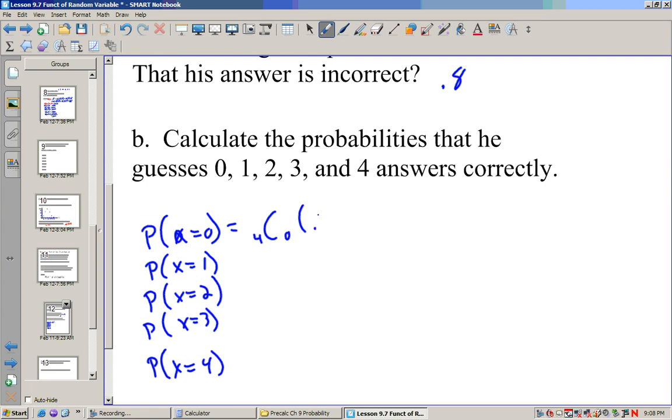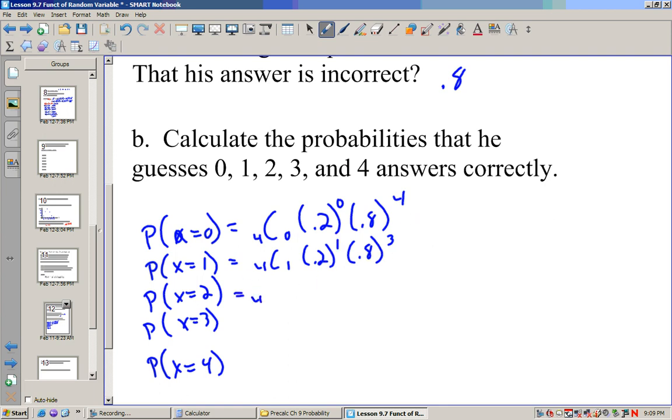So the 2 probabilities are 0.2 and 0.8. So he gets 0 correct and 4 incorrect. Now this next one is going to be 4 choose 1, and he gets 1 correct and 3 incorrect.